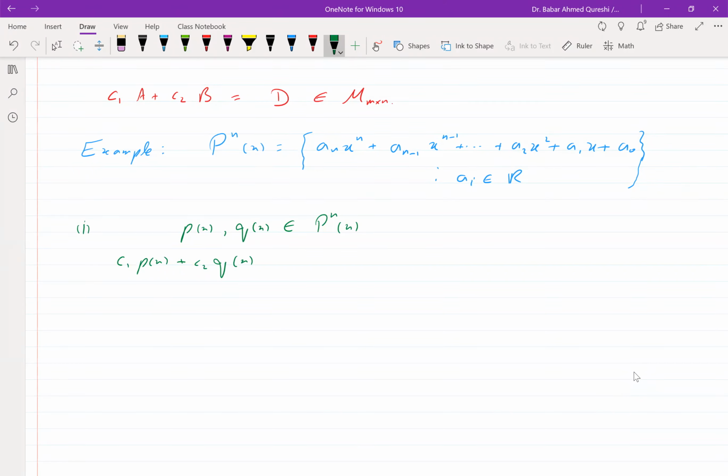So by your algebra rules, you know that you have to collect the coefficients of equal powers. So you get something like this. C1 an plus C2 an dash, where an dash is the coefficient of the second polynomial. You will have things like that. And in the end, you just get another expression of a polynomial. So this is also a vector space.